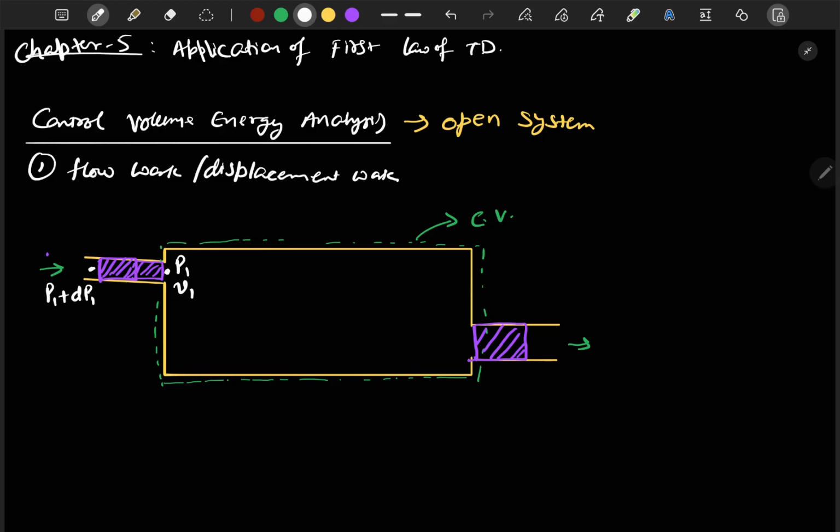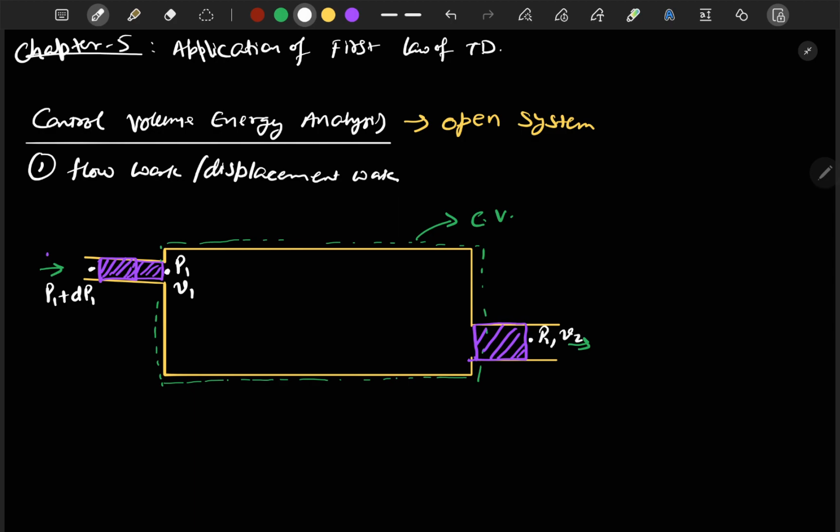It should be slightly higher than the pressure inside, because only then will the fluid element move inside.